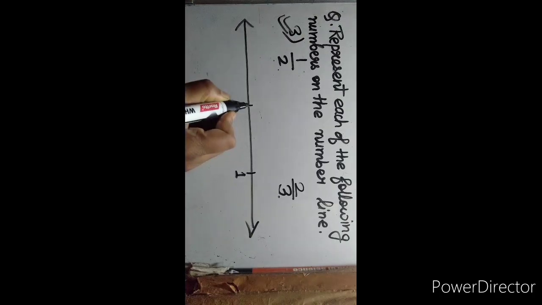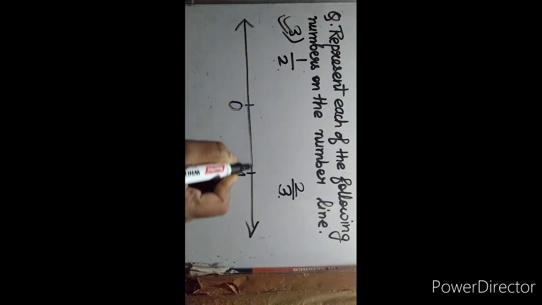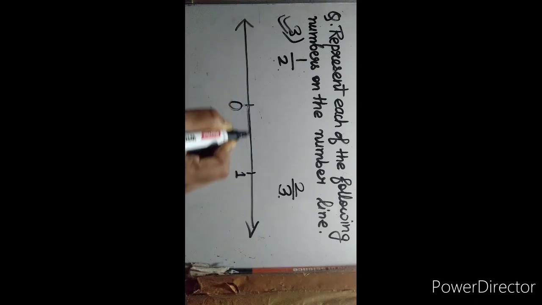We can take this distance of 2 units or 3 units also, but you have to write 1 here, and we have to take an equal distance on this side also, and this one is -1.